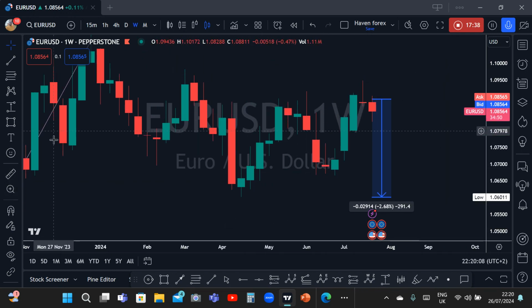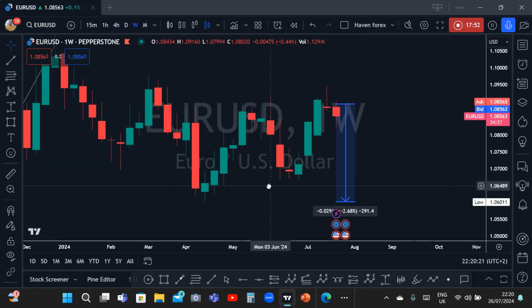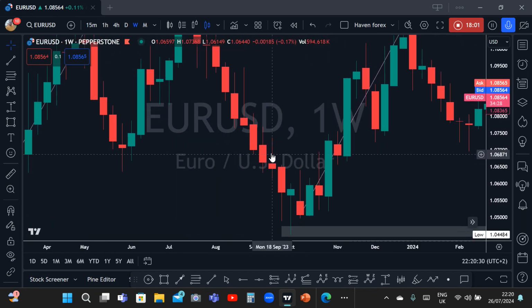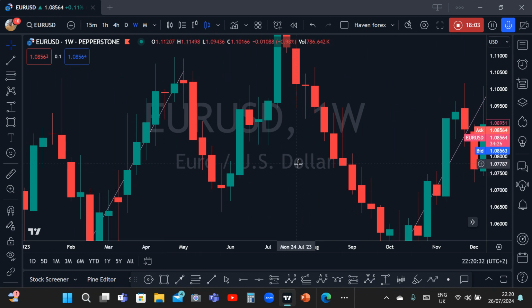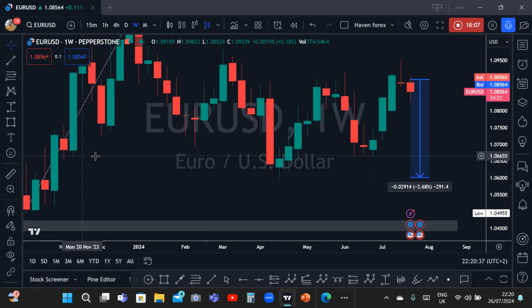We have the inner structure, which is the smaller time frame, the minor structure. From here to this place, like this, all these you see are internal structure. Then we have the main structure, which is the overall structure.